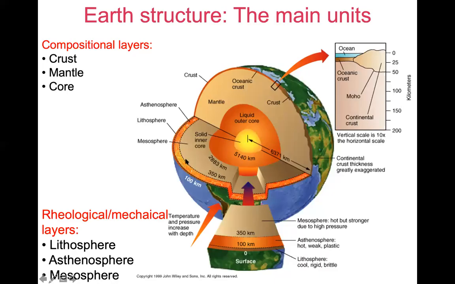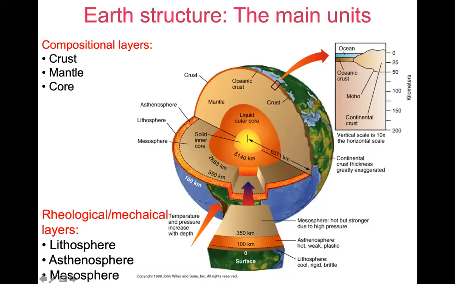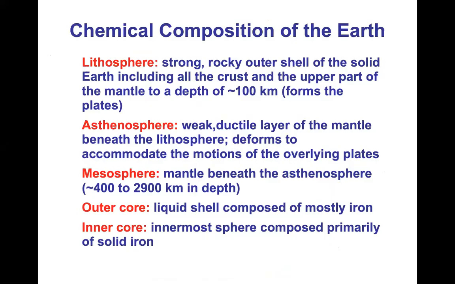So these are the layers of the Earth, and when we go to the compositions of these layers, as I mentioned before, the lithosphere is a strong rocky layer. It can go up to 100 kilometers at extreme places only, and it causes the plates to be formed.